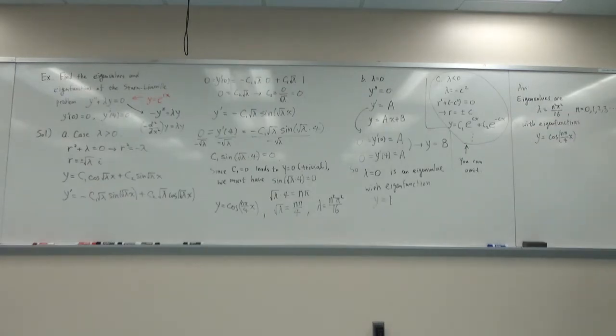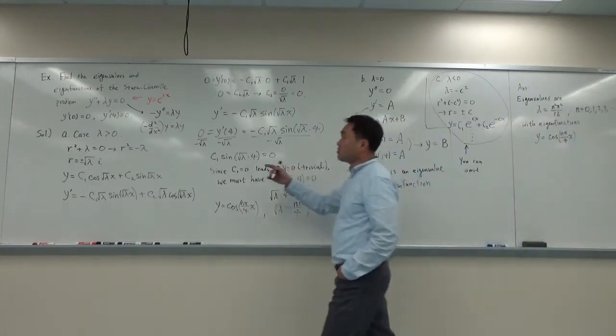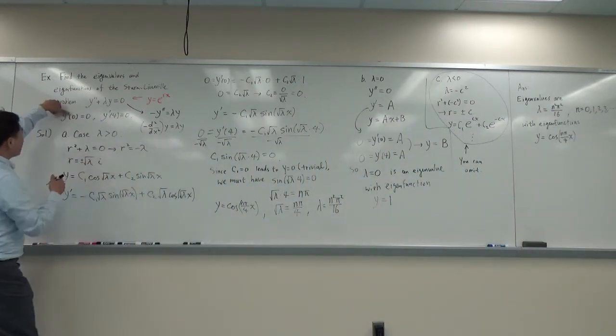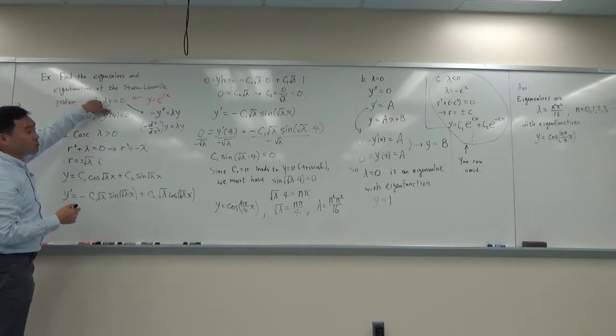So when you write down the solution of a Sturm-Liouville problem, it's very important that you write down what n is. If you look at yesterday's notes, you will see that I did say for the Sturm-Liouville problem yesterday, when we didn't have the primes, yesterday we did y of 0 equals 0 and y of 4 equals 0.